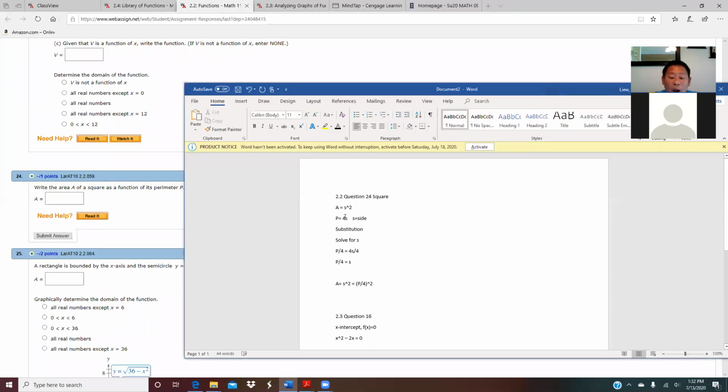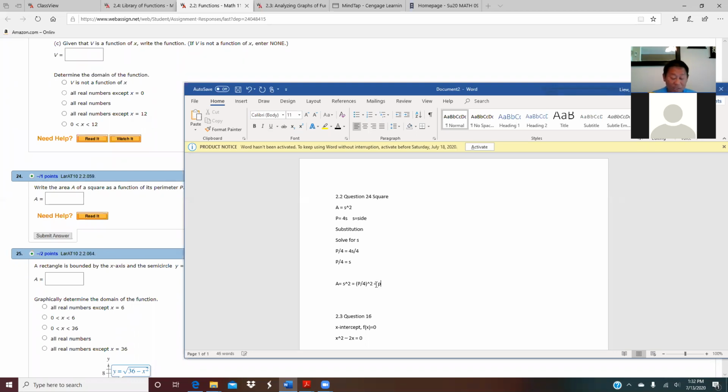So what I did here is I took the perimeter formula, solved for S, and then used substitution to substitute it for the S. Then you just multiply P over 4 times P over 4.